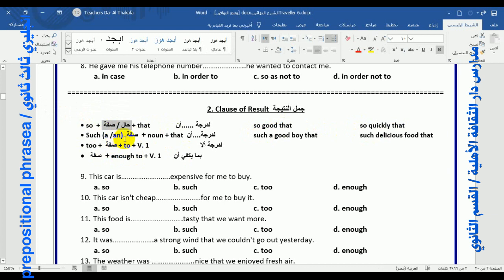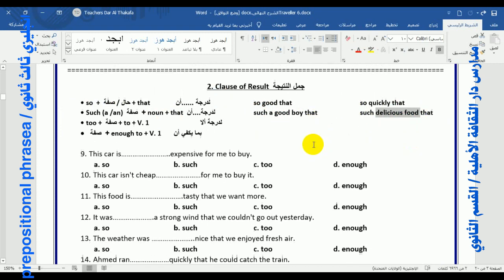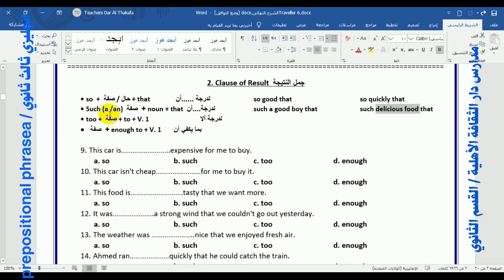Such is followed by an adjective and then a noun and then that, so 2 words before that: such a good boy that, such a delicious food. So why did I put a here? Because boy is singular. Why not a in such delicious food? Okay, so here such is followed by 2 words, so is followed by only 1 word.